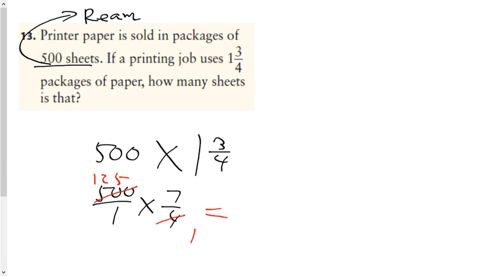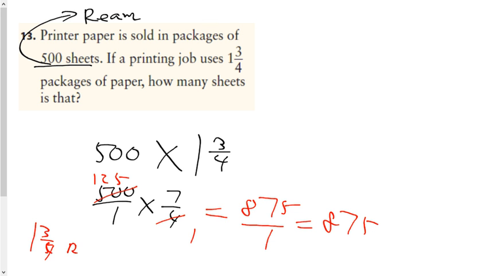But when you multiply that out, you get 700. Did I make a mistake somewhere? Oh, 875 over 1, and therefore 875. So 1 3/4 reams of paper equals 875 sheets. There you go. Worst writing ever.